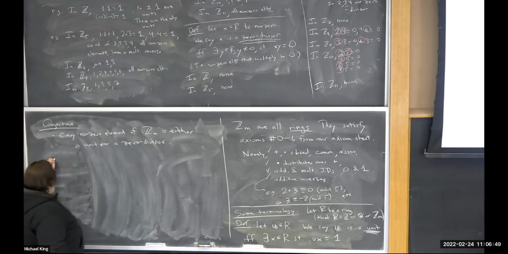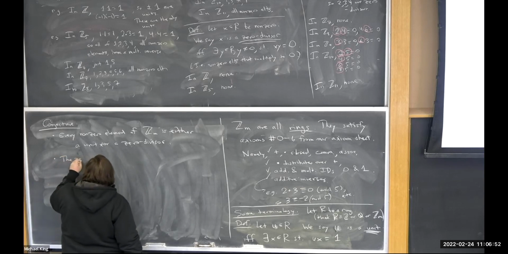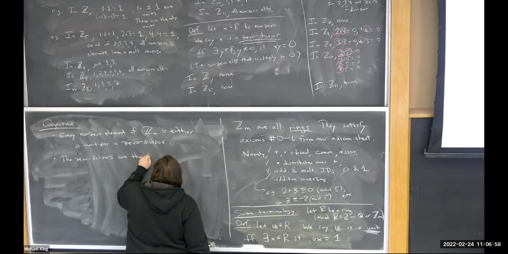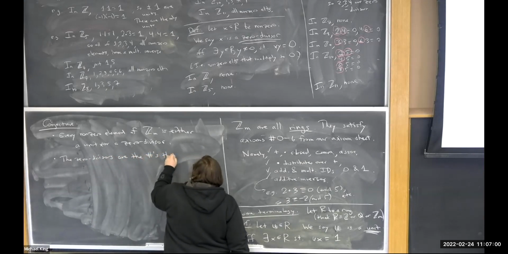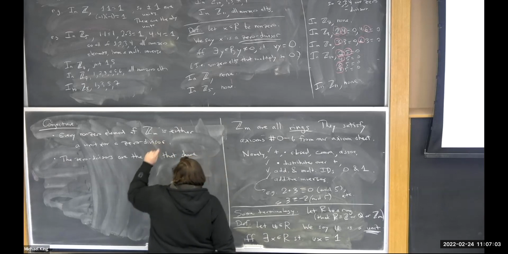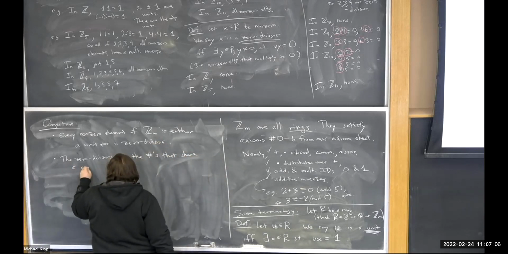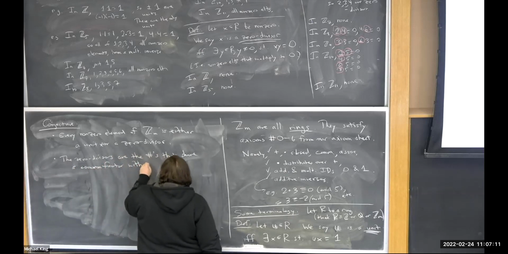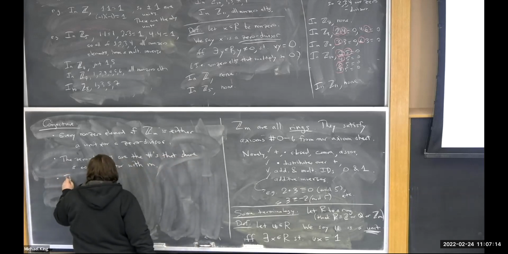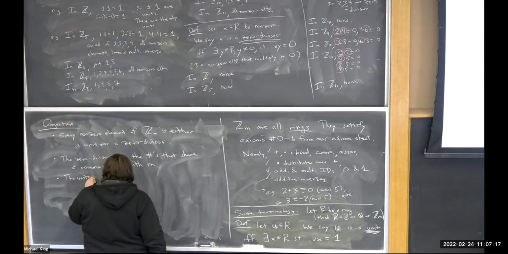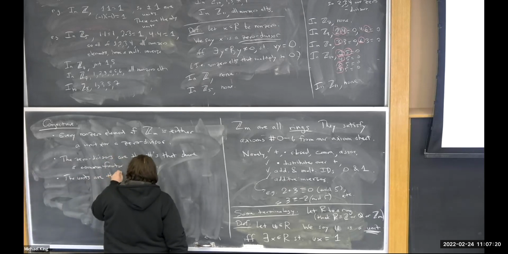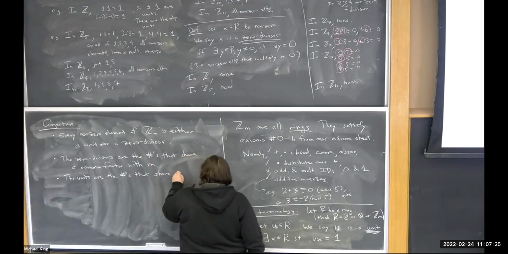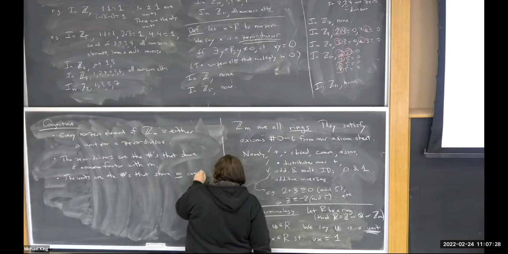So a further conjecture: the zero divisors are the numbers that share a common factor with m. And the units are the numbers that share no common factor with m.